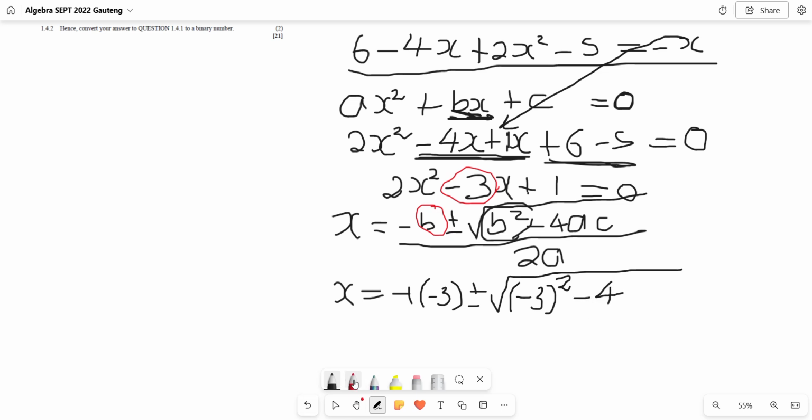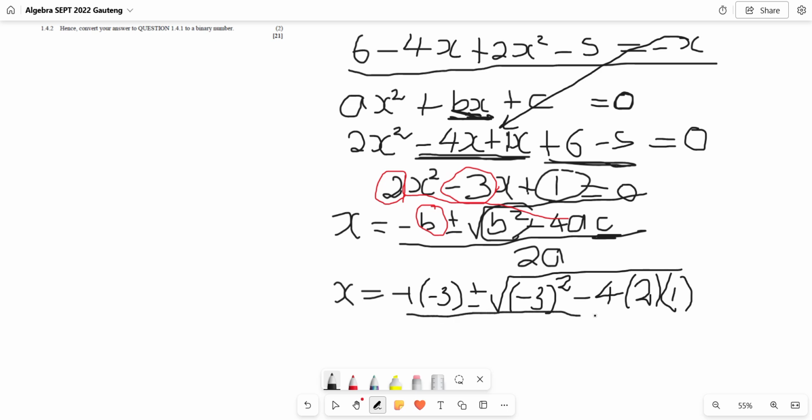Then the value of a is the number that comes before an x squared term. Here it's the number that comes before an x squared term. It represents the value of a. Where we see a, substitute the positive 2, close bracket. Then the value of c is the number without an x. The number without an x that we have here is a positive 1, close bracket.